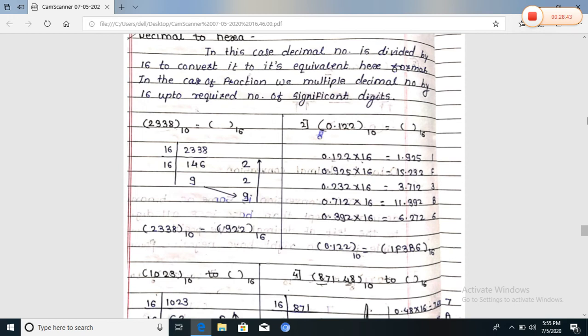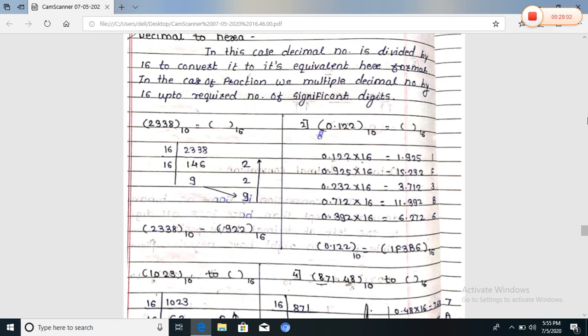Again 16 divides 146, and the answer is noted. Then 16 does not divide 9, so this 9 is recorded, and the answer is read from bottom to top: 922.